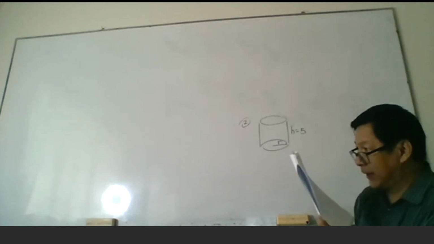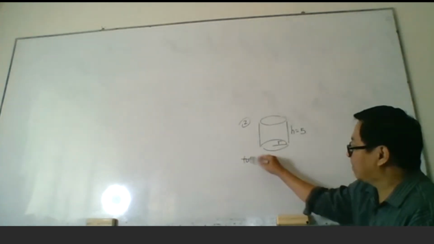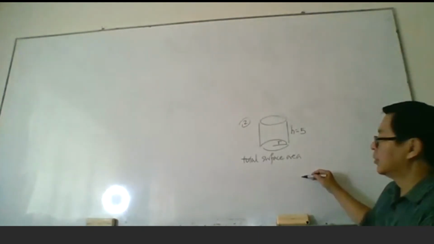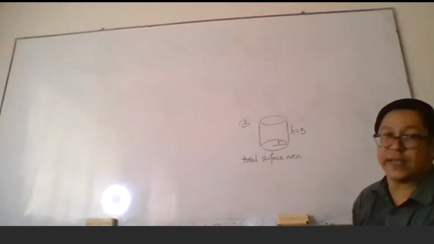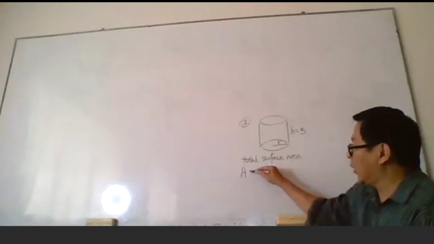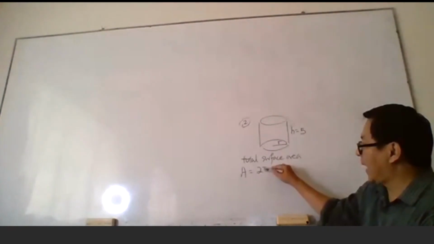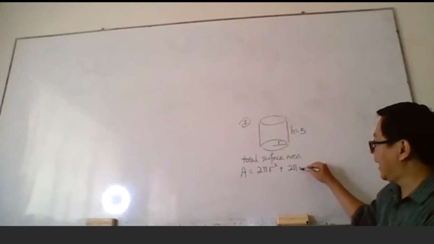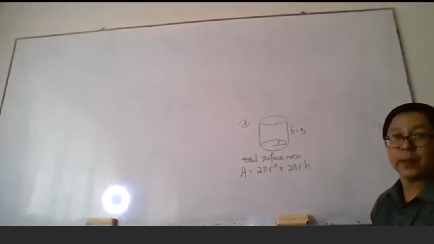The question says that the total surface area, so what's the formula for total surface area? A equals 2 pi r squared plus 2 pi r h.